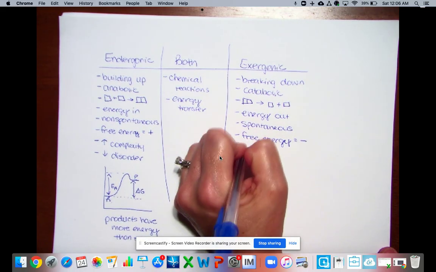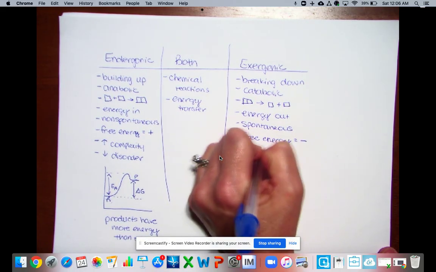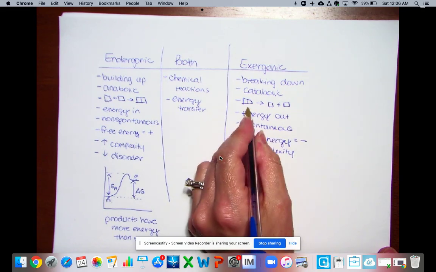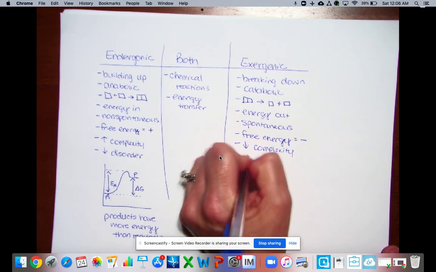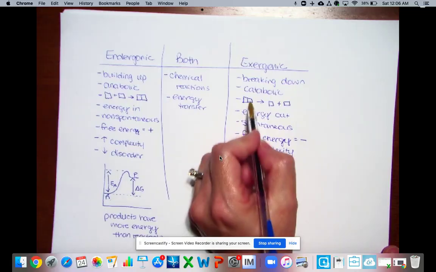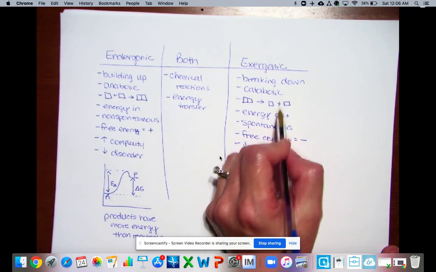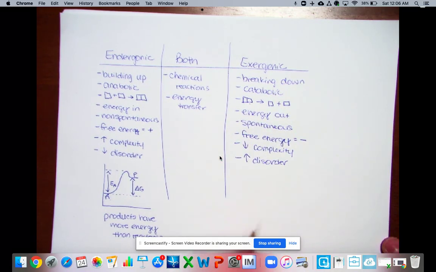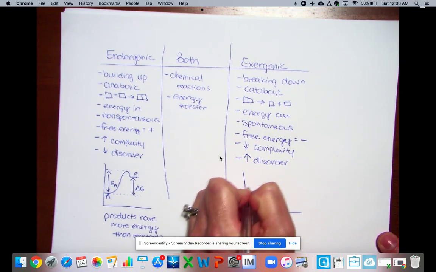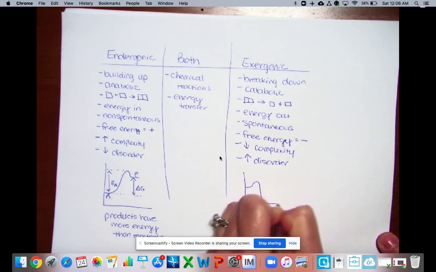You are going to be decreasing complexity because you're going from a very complex polymer to simple monomers, and you're going to be increasing disorder. Okay, again, this guy can go in one direction, but once you break it into its different parts, they can go in multiple directions. The energy graph for this one, you're going to see a little bit of a rise and then a fall.